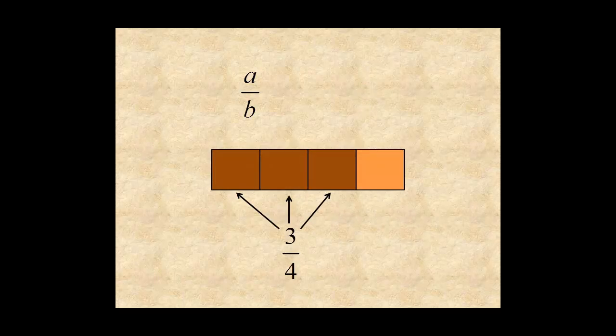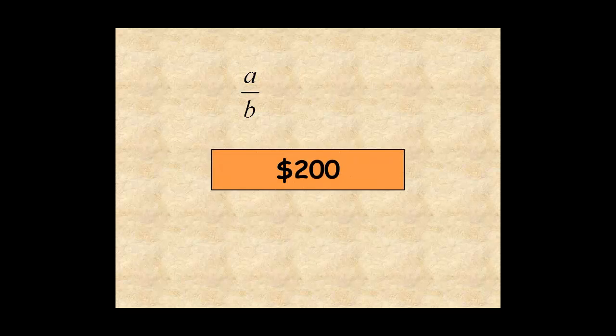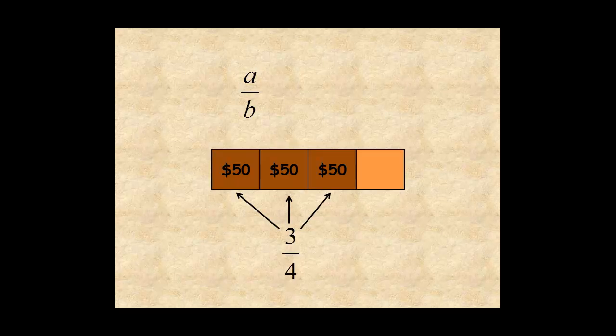But part of what? If the whole something was $200, each of the 4 parts would be $50, and 3/4 of those parts would be $150.